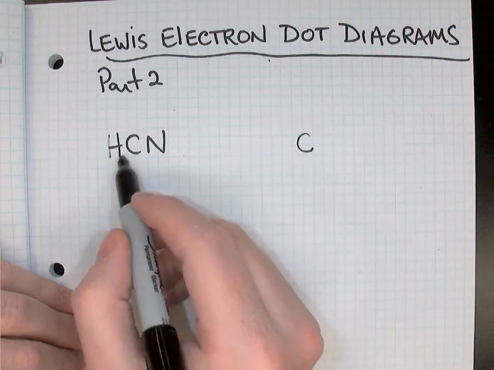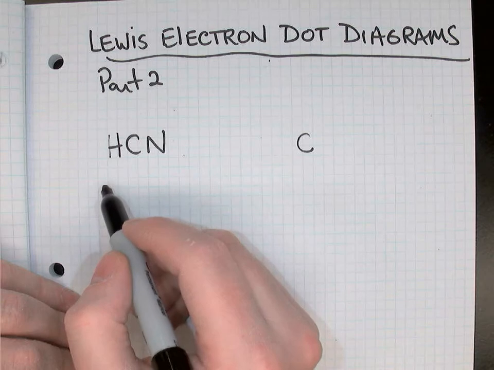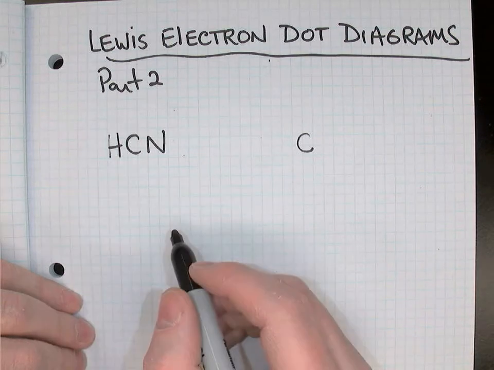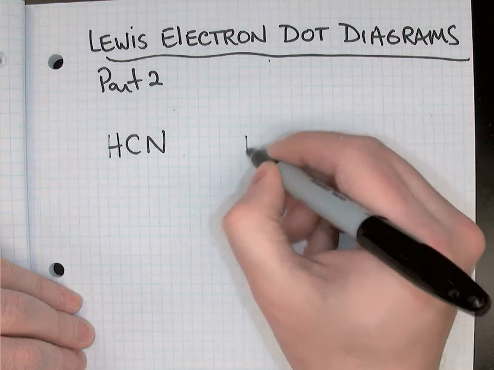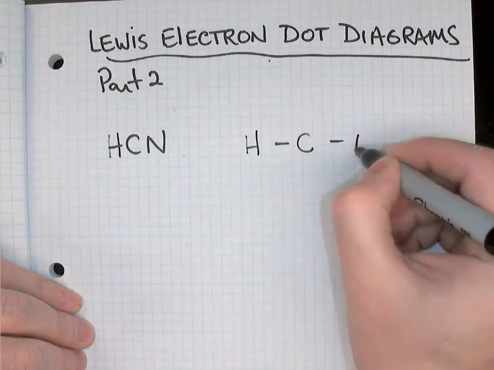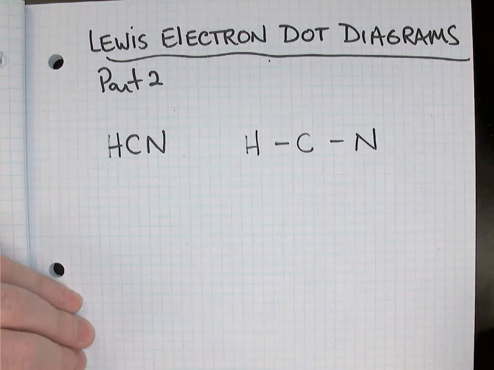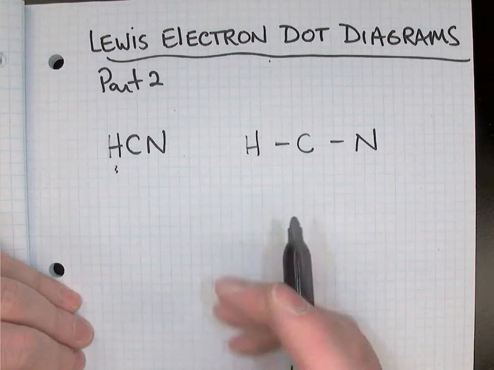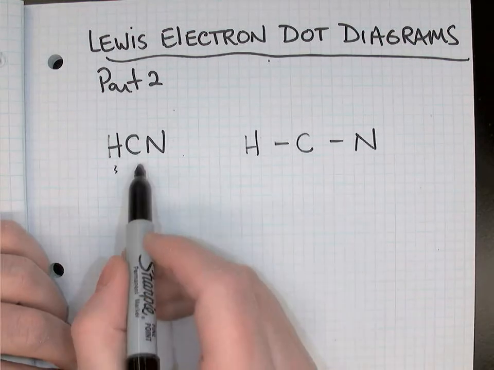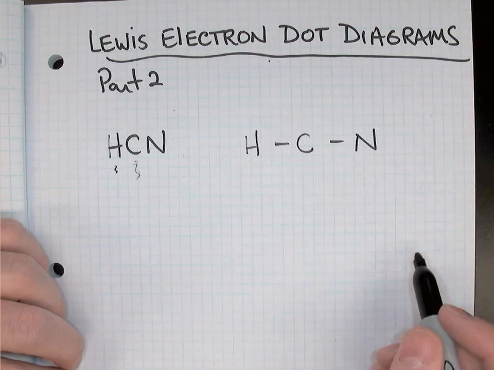Hydrogens can never be central, they have to be terminal, bonded to the central atom. So this is going to be a hydrogen bonded to carbon, bonded to nitrogen, like that. In most examples that we will see, the first atom is usually the central atom, but in this case it's the carbon that is central.